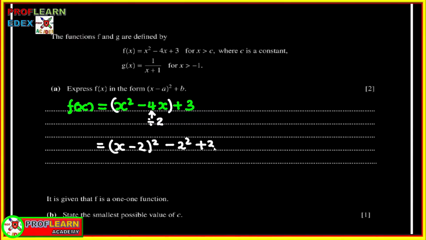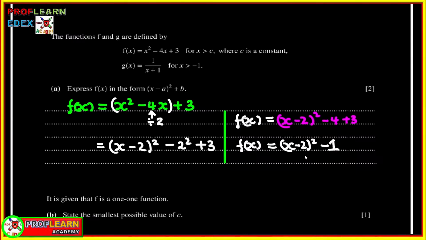So to cancel that effect, it's a must that you subtract, even if the number was positive or negative. At that point, you must subtract. So simplifying this, we're going to get f of x equals x minus 2 squared, and this is going to translate to negative 1 at that given point.